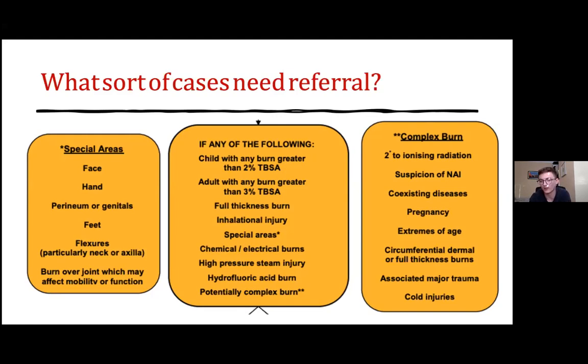Obviously, it's really important to think about NAI, non-accidental injury, especially in children and vulnerable adults. So NICE have a guideline on when to suspect NAI and burns in children, which might be worth having a glance at. So this is just something to be aware of, but definitely not something to memorise off the top of your head.